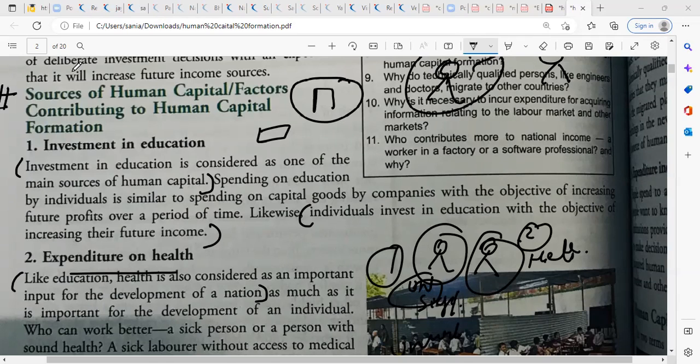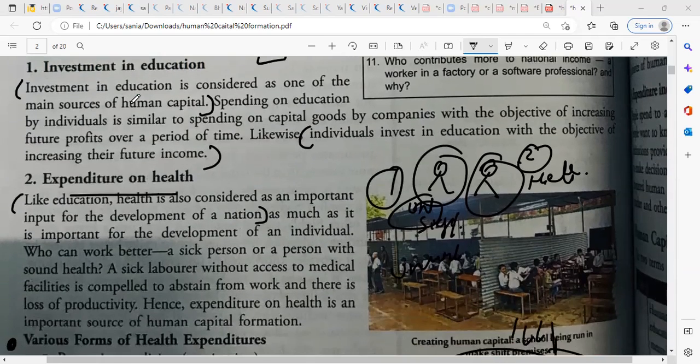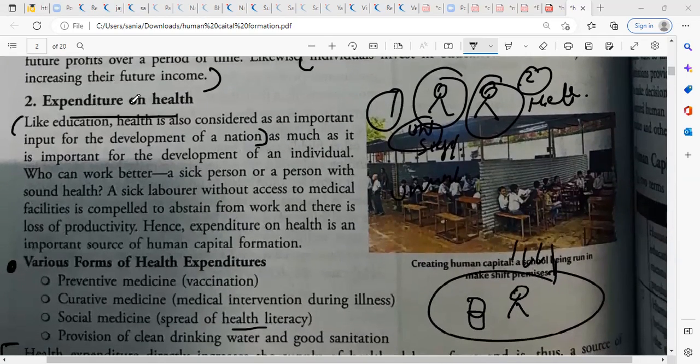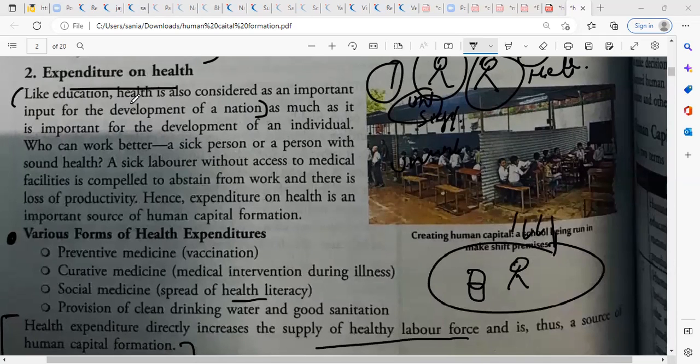Can you slow down? You should write the various forms of health expenditure, and the bracket one also.